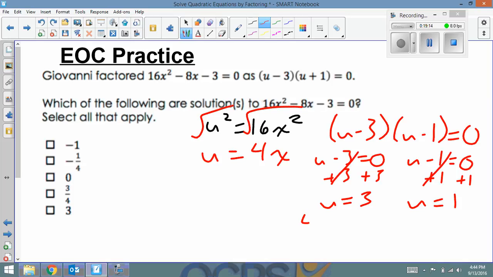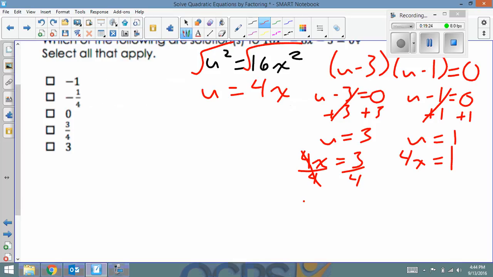But since we know u is 4x, we know 4x is going to equal 3, and 4x will also equal negative 1. Divide both sides by 4. So we know x is going to equal 3 over 4. Divide both sides by 4 over here. x could also equal negative 1 over 4, which means that 3 over 4 is our only answer choice that actually is in this problem.